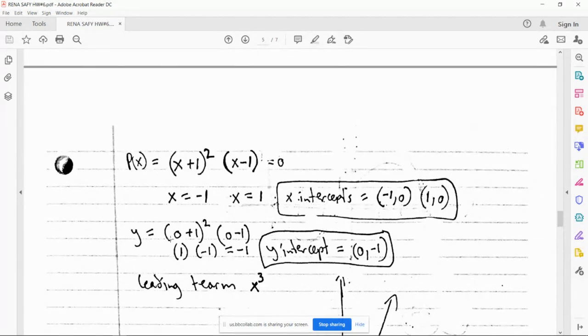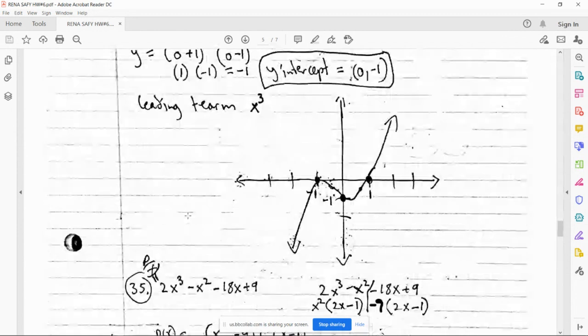For the y-intercept, I plugged in 0 for x, and I found the y-intercept, which is (0, -1). And then the leading term is x to the third, so it's degree 3, and then I graphed it.